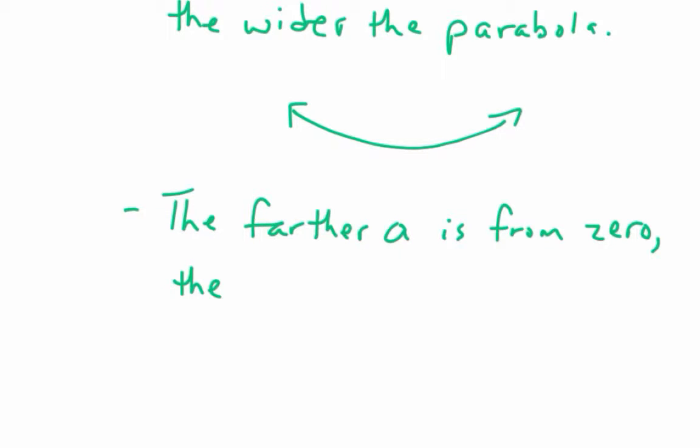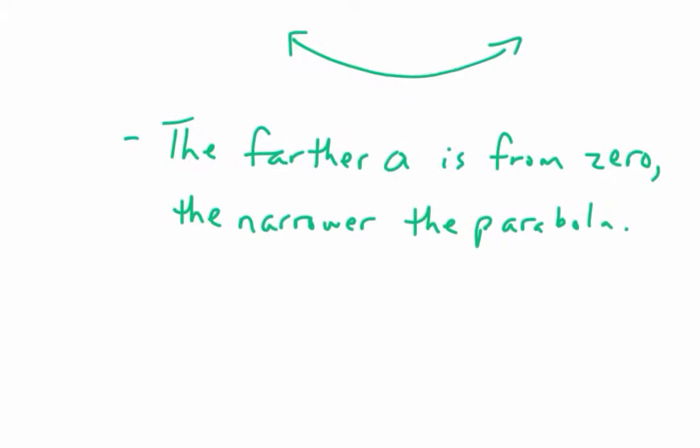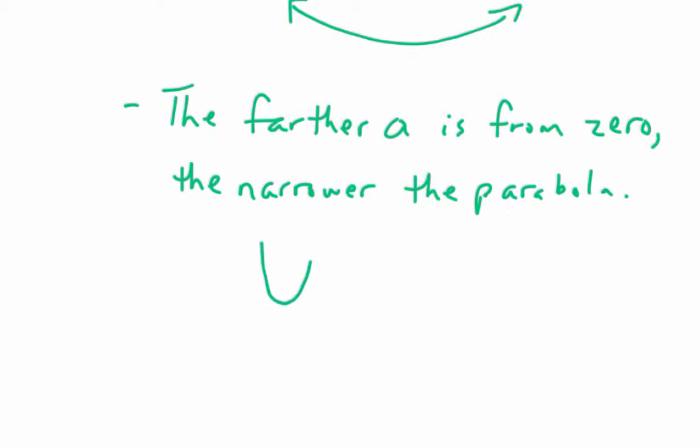The narrower the parabola. And probably most people are picturing it something like that, an upward one, but it could technically be a downward one as well. You could have a really skinny parabola that opens downward, something like that.